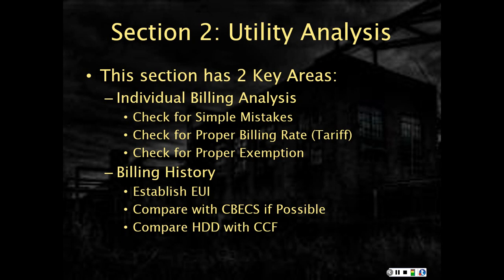Under billing history, we have to establish the energy utilization index. We have to compare with the commercial building energy consumption survey if possible. And then we have to compare current annual heating degree days with the consumption of natural gas. So those are the 3 key areas that we usually work on.